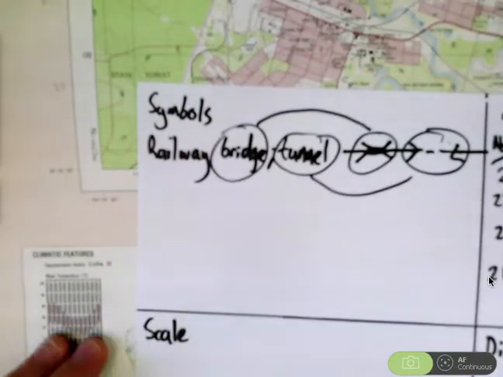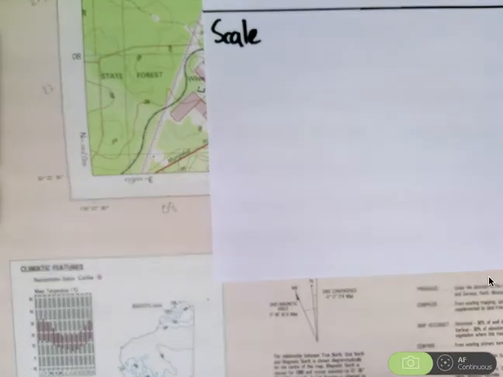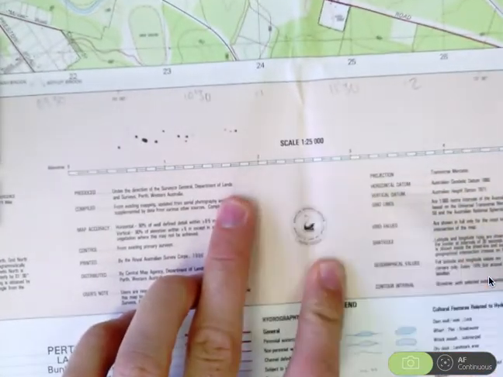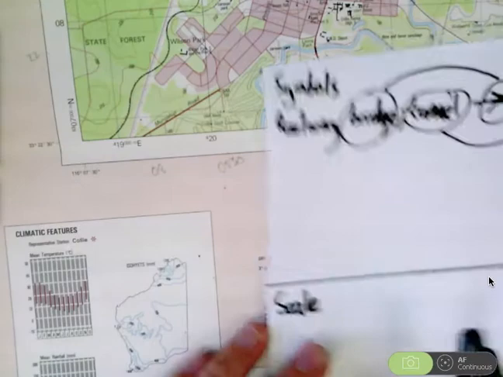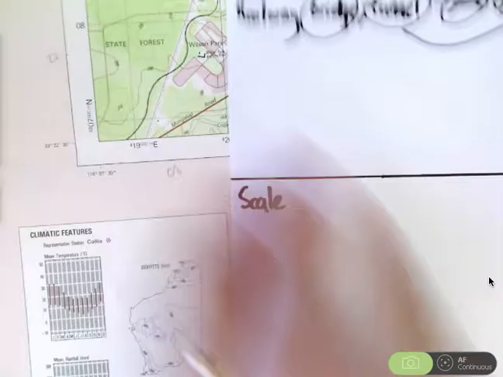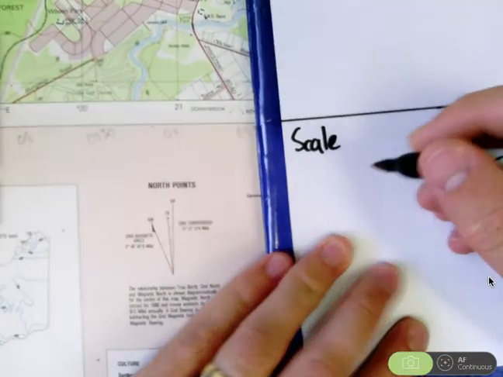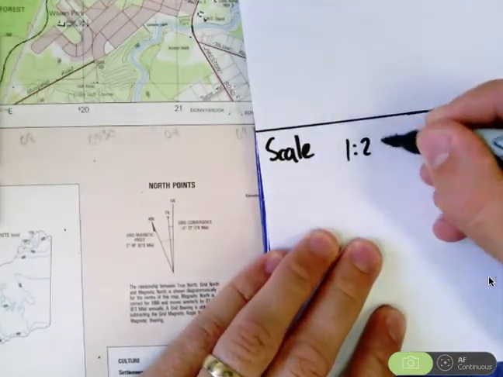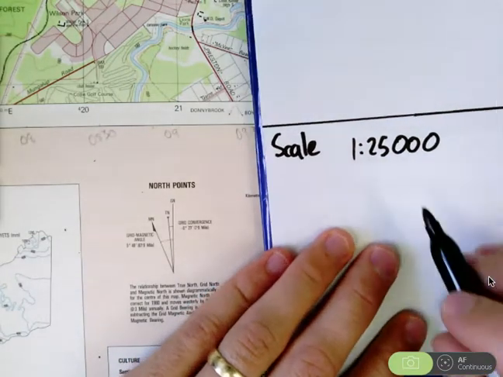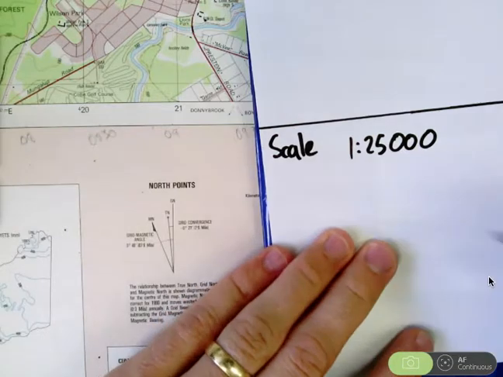Alright, the next thing we're going to look at is scale. Now scale refers to this number here, in what kind of detail the map is in. Commonly you'll get different scales, such as 1 to 25,000, which is the largest scale that we'll see in topographic maps.